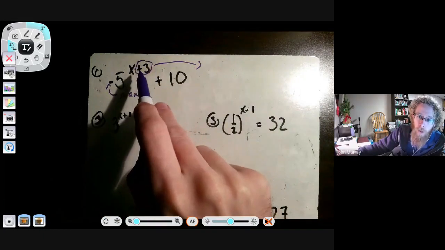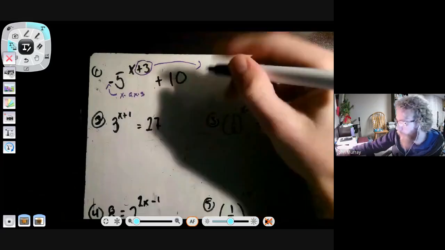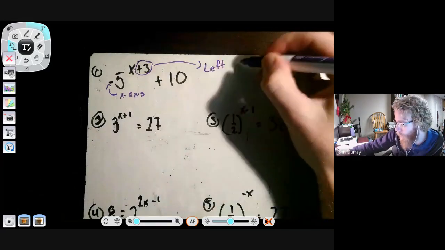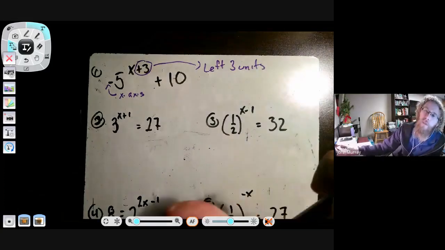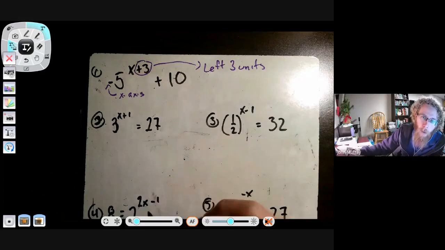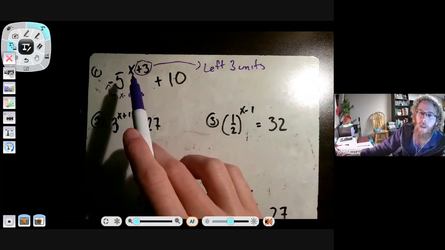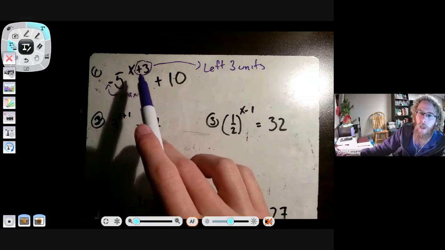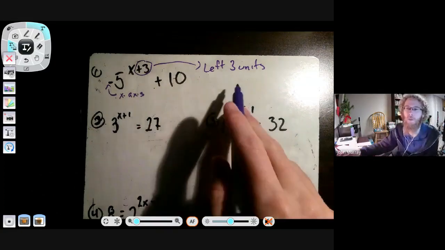And our rule for this is it does the opposite. So when I'm adding 3, that tells me I'm moving to the left 3 units. I know that's a little confusing, but the way I like to think of it is, it's kind of counterbalancing.